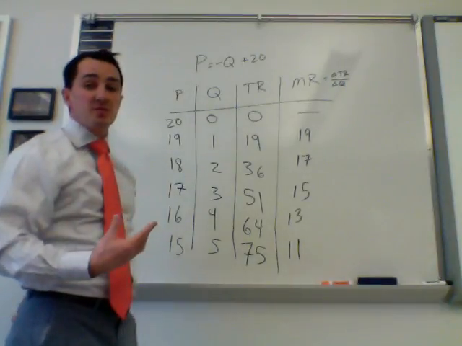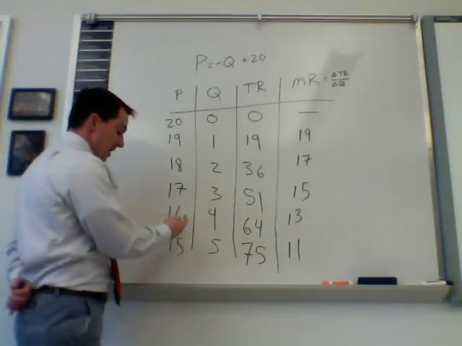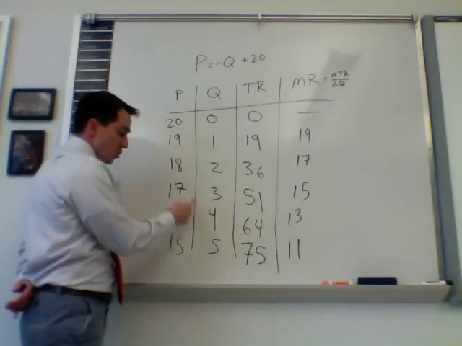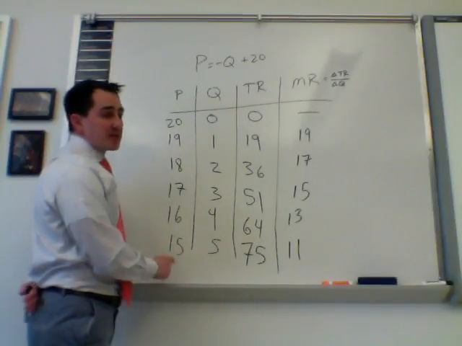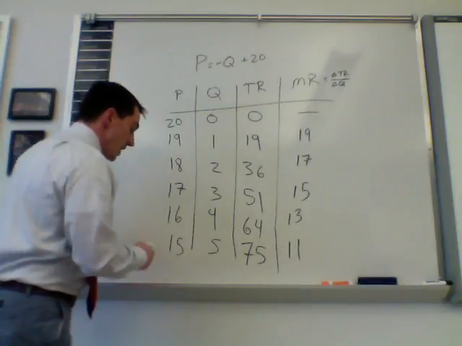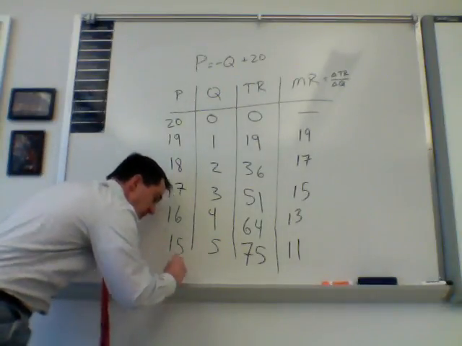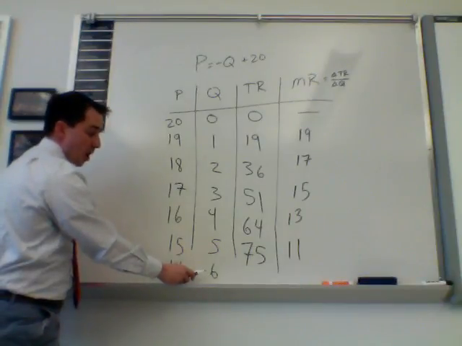That's a huge piece when we start talking about monopolies: every time you want to sell one more, you have to lower the price. And when you lower that price, not just that one person pays less, but everybody else. So if we lowered the price to 14, we could sell one more unit.